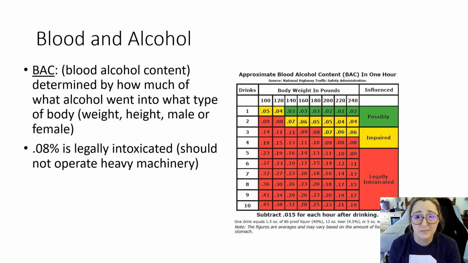I could drink maybe one beer and be drunk. Meanwhile, my boyfriend, who I think is about 130 pounds, he's 5'7", drinks half a beer and he's drunk. So kind of think about how your height and your weight may affect how much alcohol you can drink.